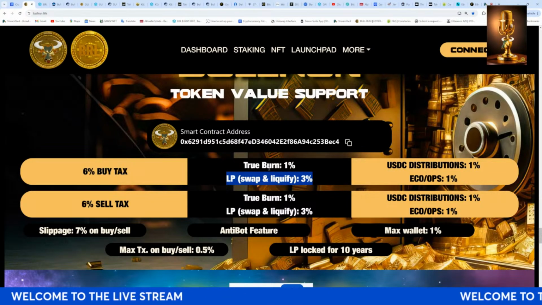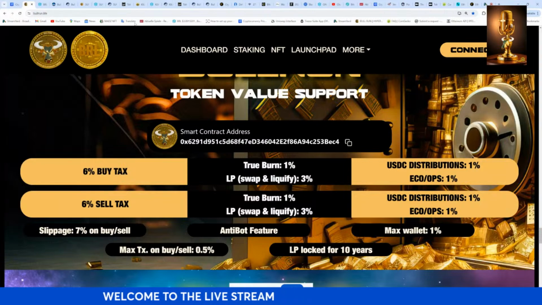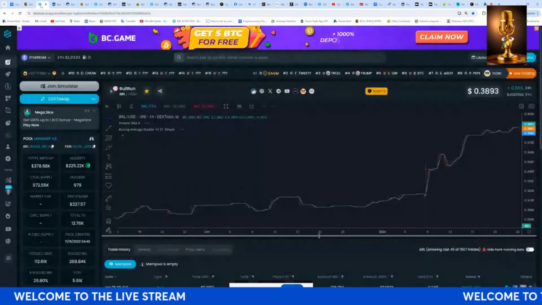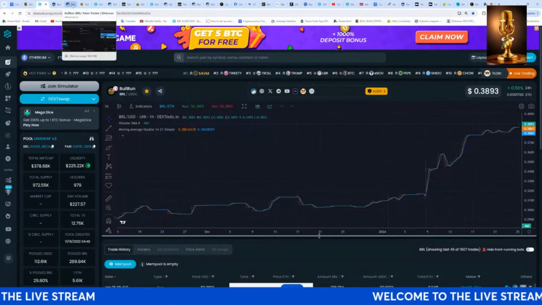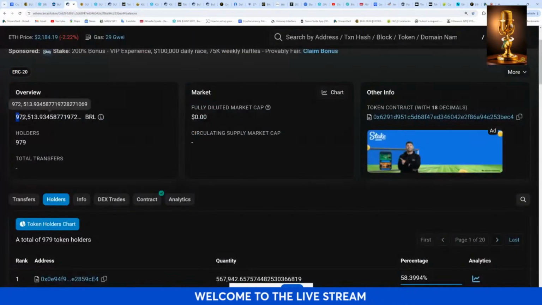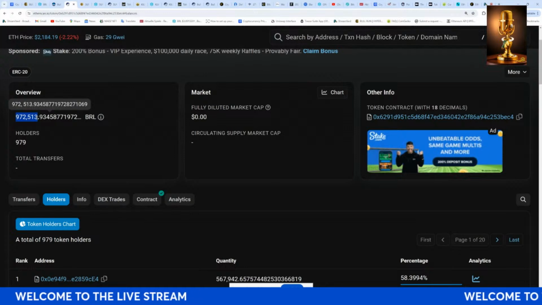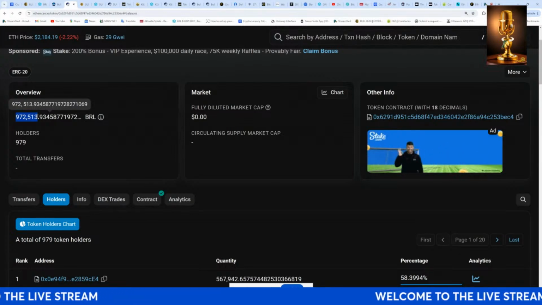At the same time, we are banning tokens as well. And not just to the dead wallet and out of the circulating supply, but actually we are removing them from the total supply. We started with 1 million tokens, now we are down to 972,000. So we've banned more than 27,000 from the total supply.